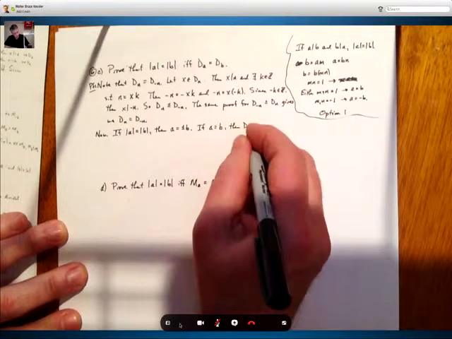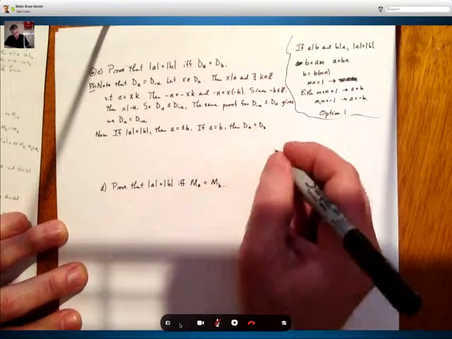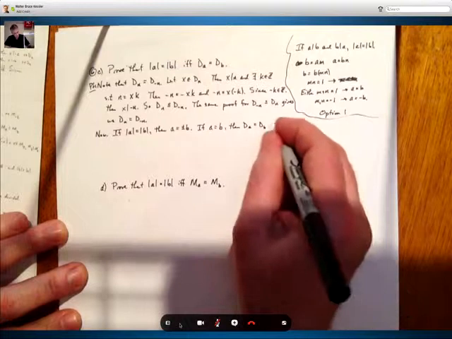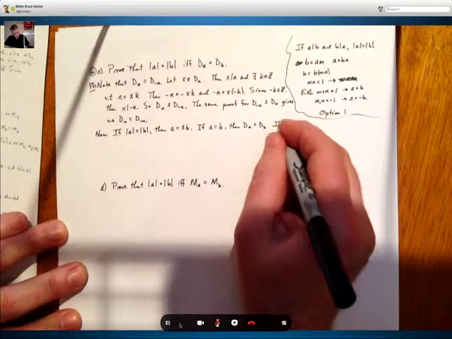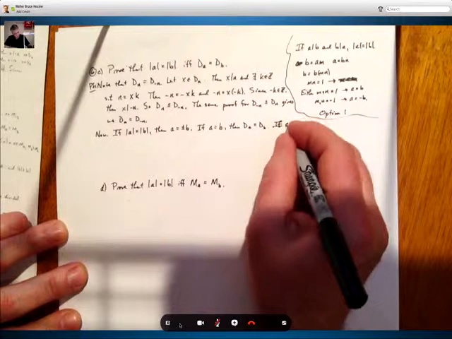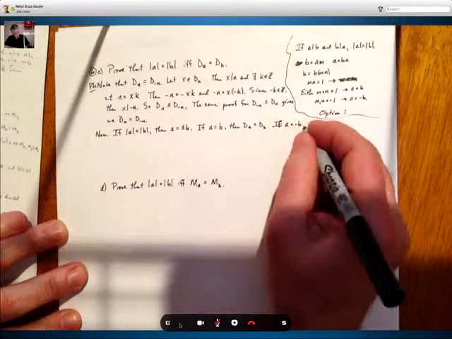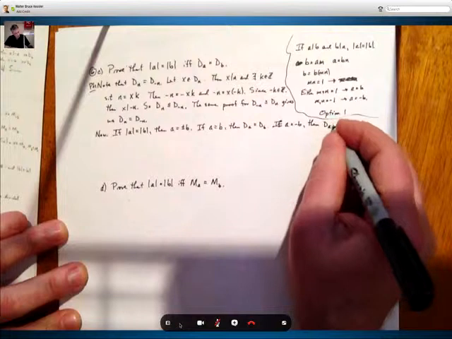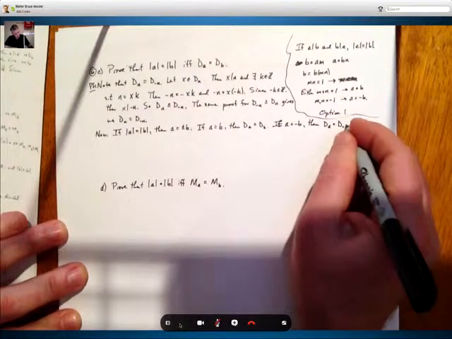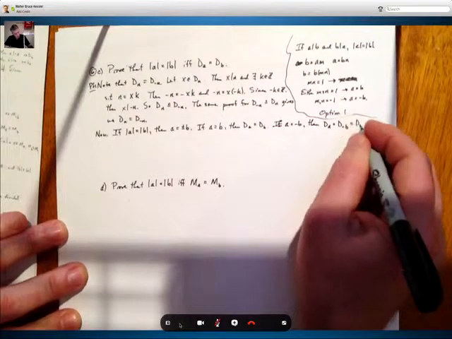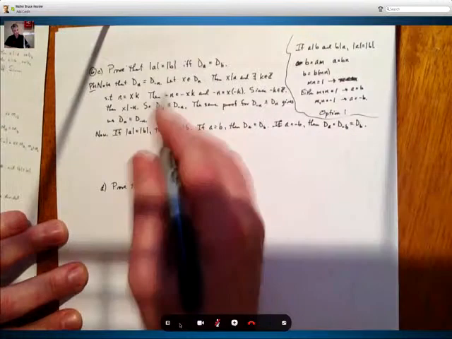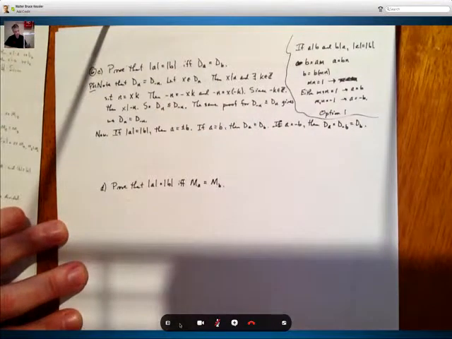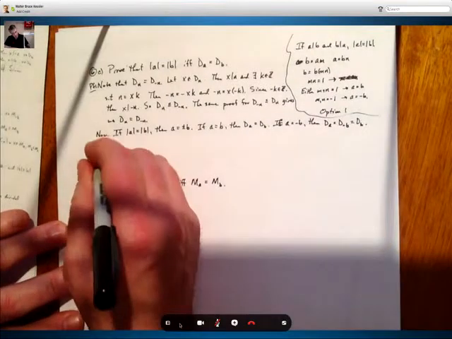If A is equal to B, then we have no problem saying D of A is equal to D of B. If A is equal to a negative B, then D of A equals D of minus B, which equals D of B, using our little corollary there. Okay.